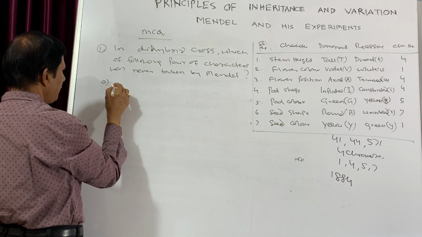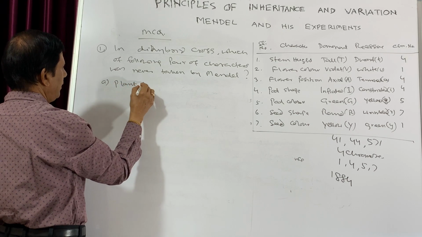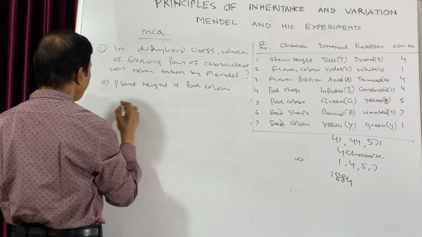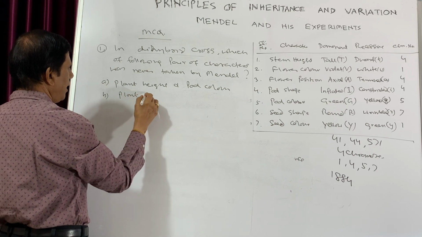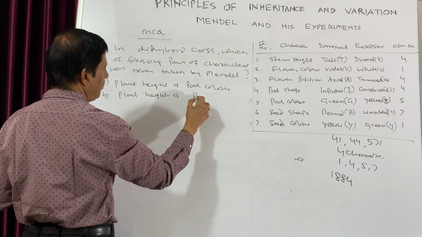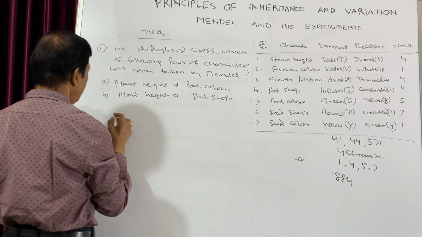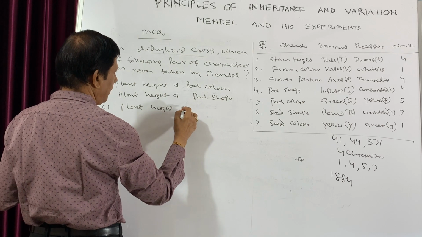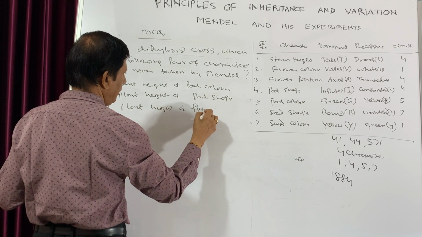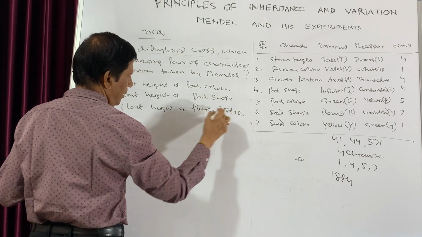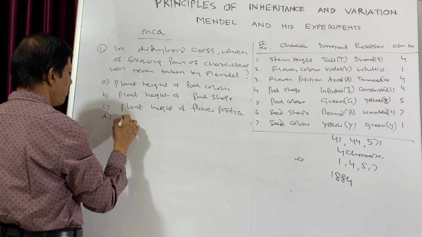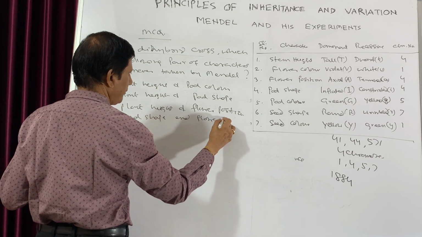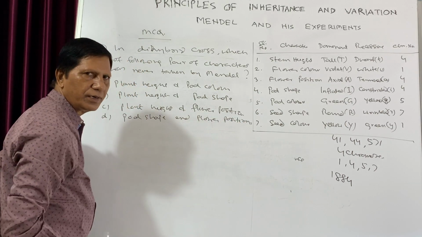One choice is plant height and pod color. Second is plant height and pod shape. The third is plant height and flower position. The next choice is pod shape and flower position. So which pair of characters was not taken for his experiments?